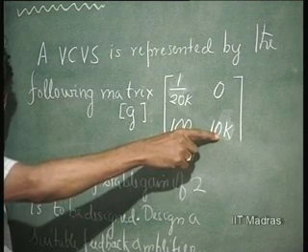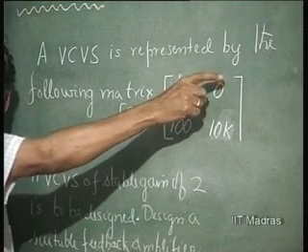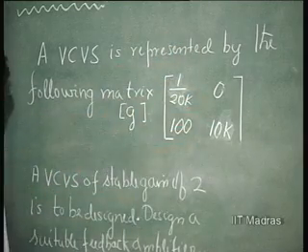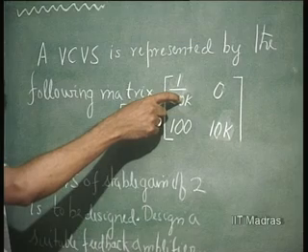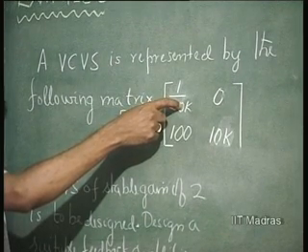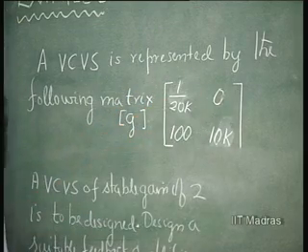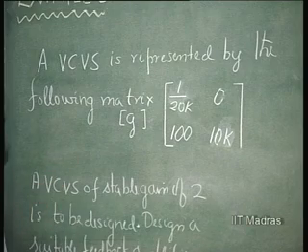Input is shorted, but the input does not have any influence, okay, because the feedback factor is 0. This is not having any feedback. Similarly, this is the open circuit input conductance. Again, because the feedback is 0, there is no influence of output on the input.